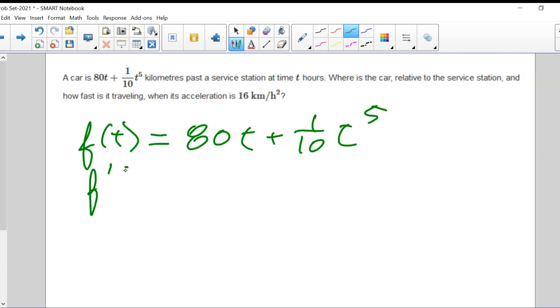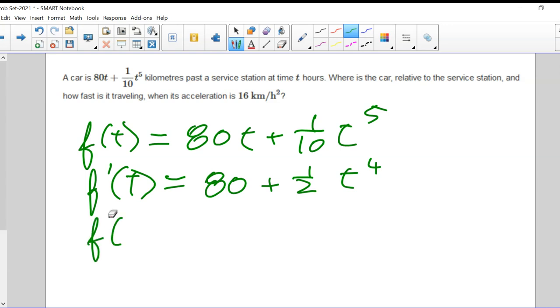Here's my velocity function, which would be 80. 5 times that is going to give me a half t to the power of 4, right? And then my acceleration function, f double prime of t, is going to be equal to 2t cubed, right?